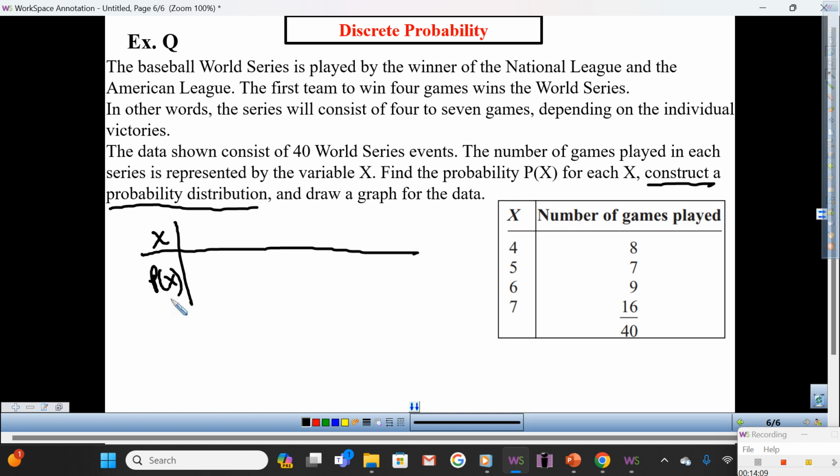All right, let's label what each label stands for. What does X stand for? Tell your neighbor. What shall we write here?